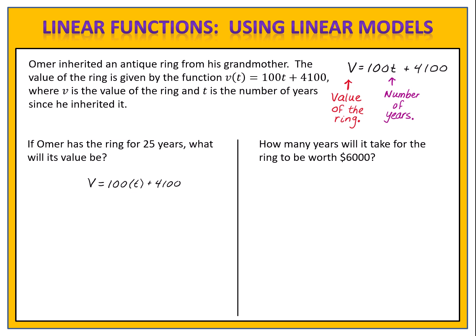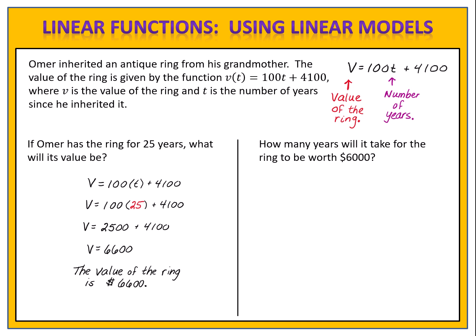So we will substitute the number 25 in place of T, and then we evaluate. 100 times 25 plus 4,100 is 6,600. V equals 6,600, and since V is the value of the ring, we can conclude that the value of the ring is $6,600.